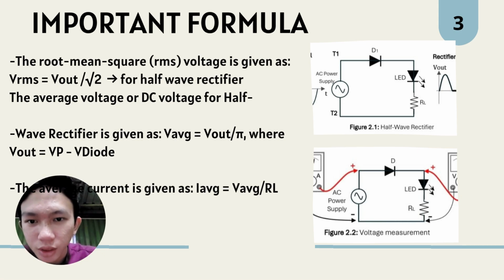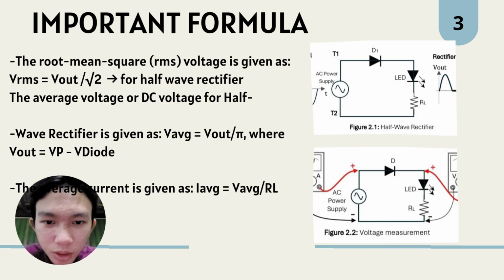The average voltage for DC voltage: V average equals V out over pi, where V out equals Vp minus the diode voltage. For the current, I average is equal to V average over RL.